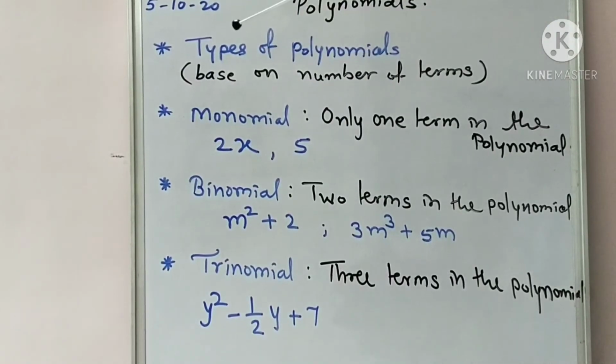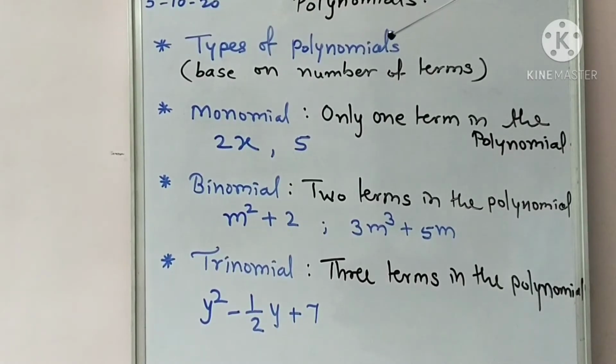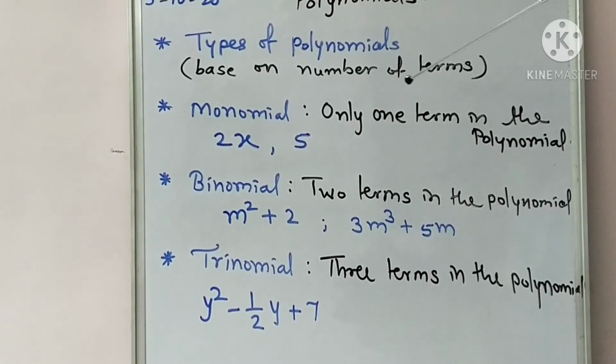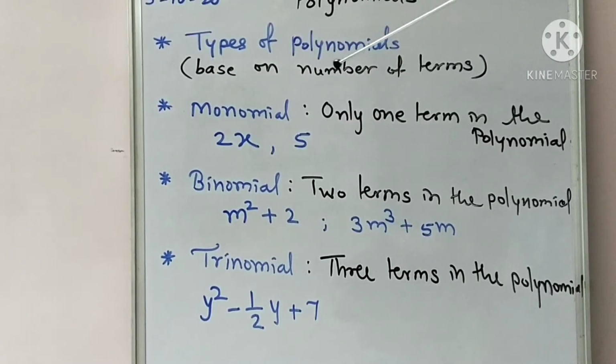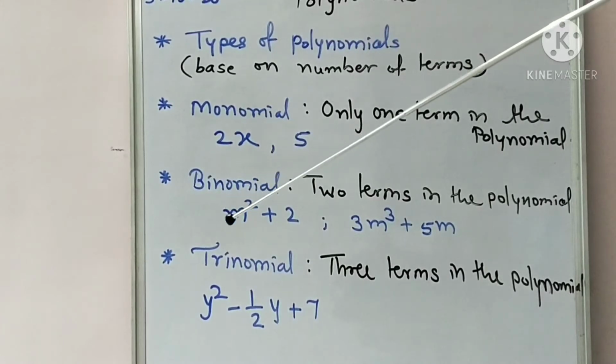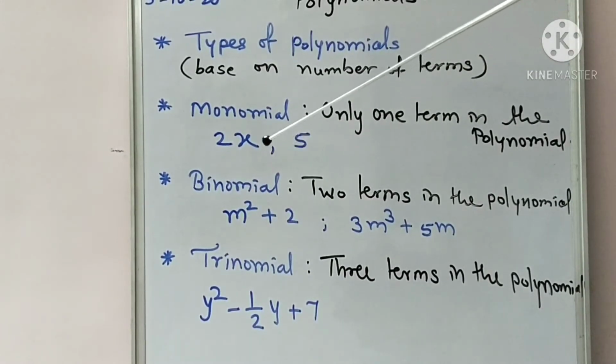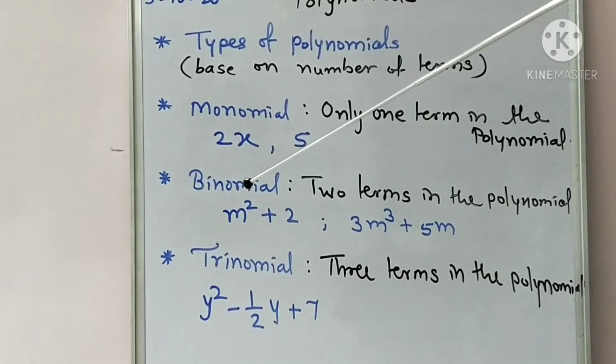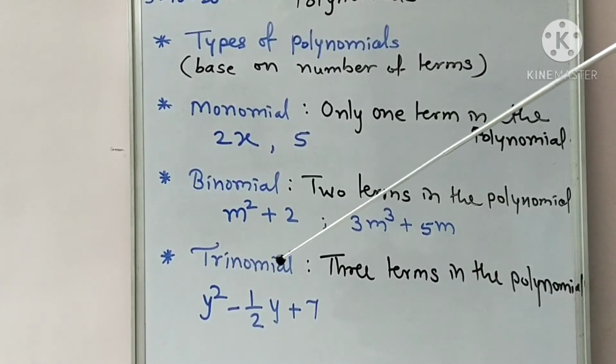Okay, now the next topic is types of polynomials based on the number of terms, meaning how many terms are there. There we differentiate the polynomials. There are three types on the basis of the number of terms: monomial, binomial and trinomial.